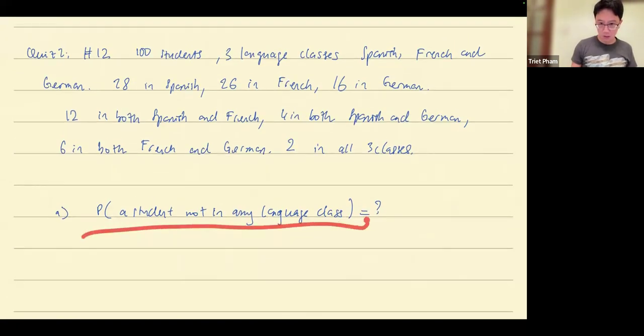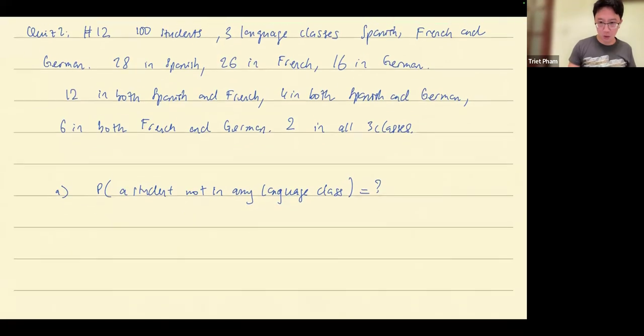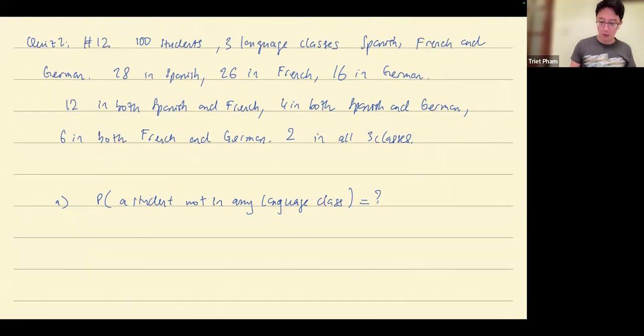So this is exactly the hat problem in a way. It is exactly asking for the inclusion-exclusion formula, because if we let S be Spanish, F be French, and G be German, then the probability that a student is not in any class is exactly the probability of S complement, F complement, G complement.